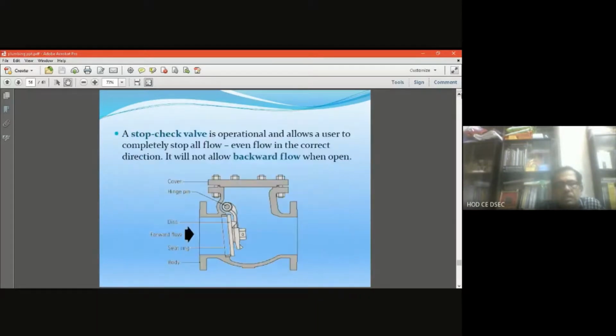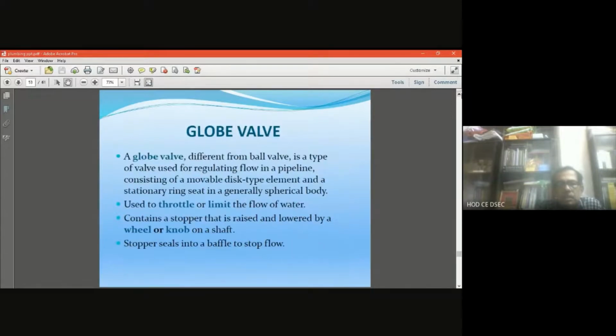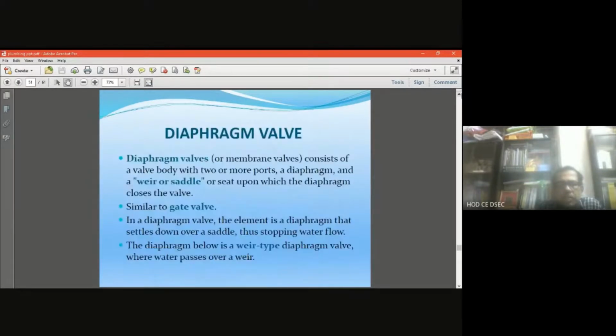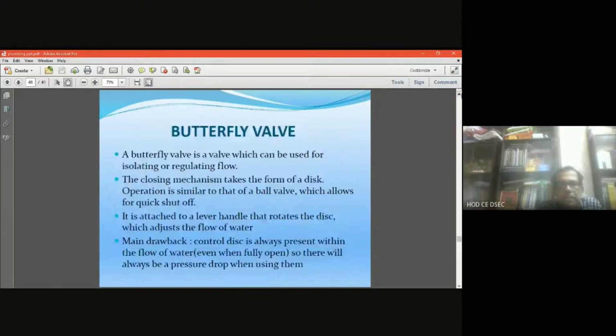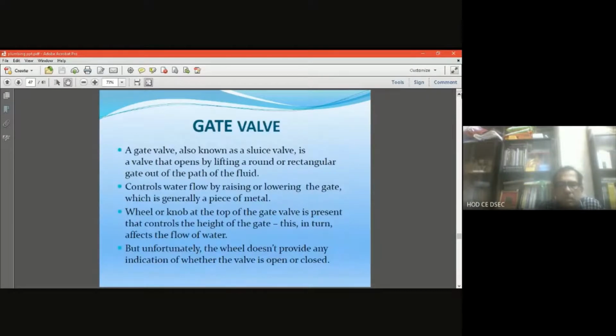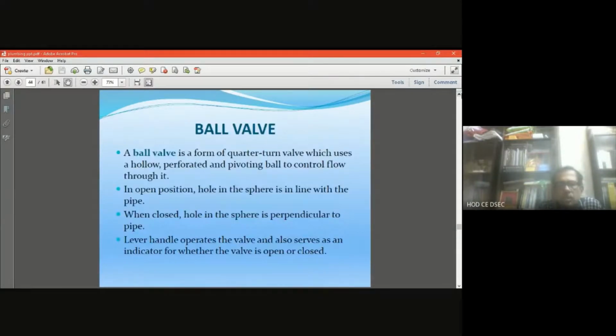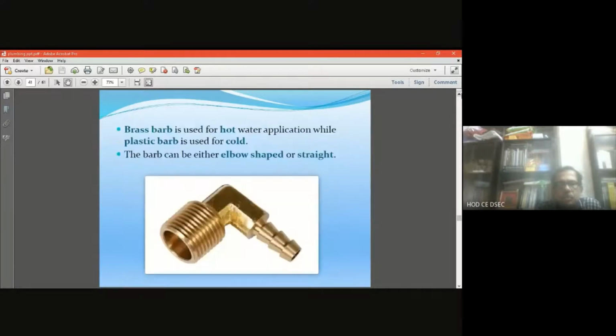So these are the valves mostly used in plumbing in buildings or elsewhere. This is one of the fittings that controls the flow.